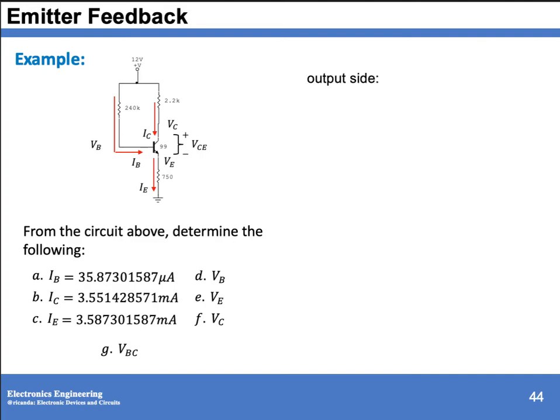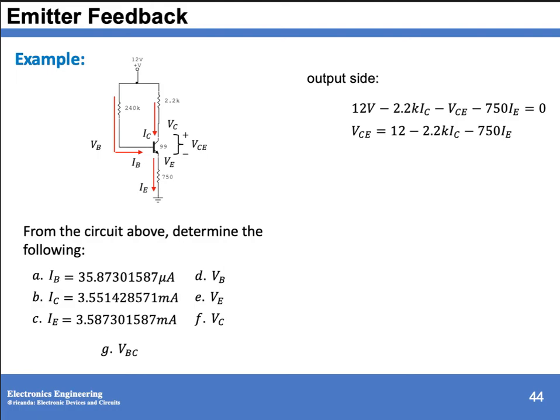Then at the output side, applying KVL, we have 12 minus 2.2k IC minus voltage collector-emitter, then minus 750 IE. So IC is equivalent to 3.551428571 milliamps, and IE is equivalent to 3.587301587 milliamps.